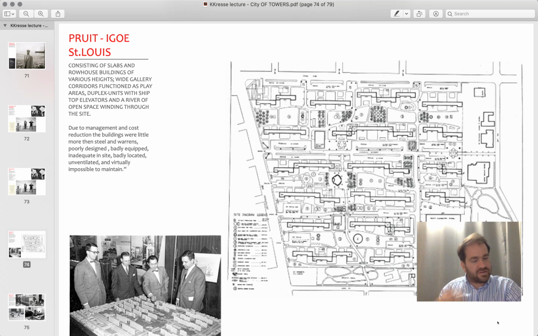This housing estate is called Pruitt-Igoe, and it's described very well how in the beginning it was constructed with the best intentions and really noble goals, providing high density affordable housing within New Orleans.